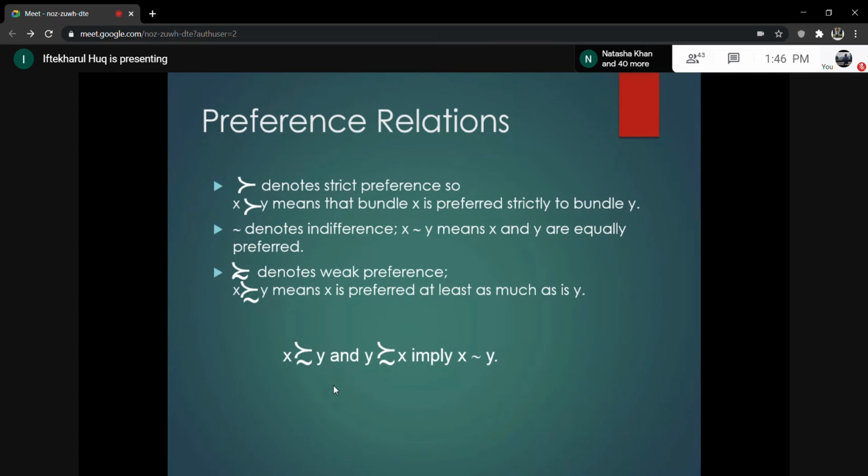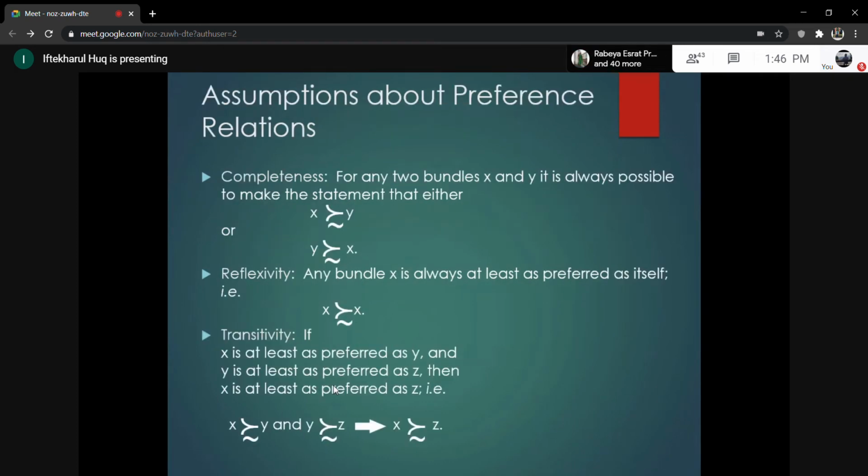That is what is being said here. And here it says that whenever I give you two bundles, you can either say this, not and, or you're going to say this. Okay, so you can say either this is at least as good as Y, or you can say Y is at least as good as X.